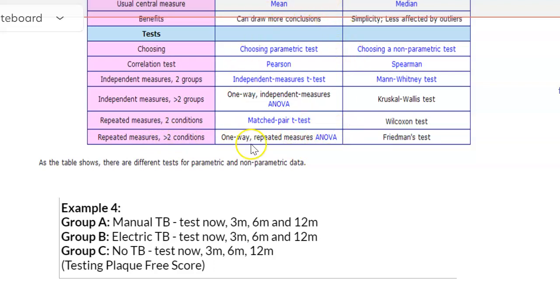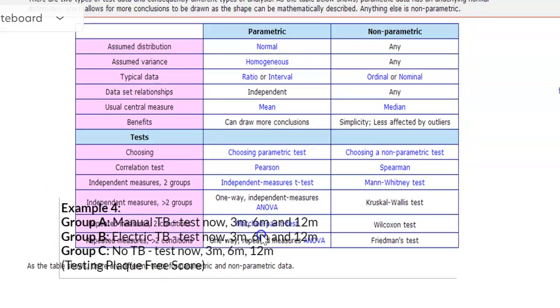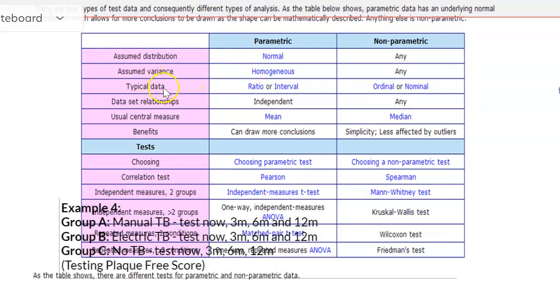The reason why it falls in the parametric category is because plaque score is considered numerical. It's quantitative data. If we look at this chart over here, the type of data is quantitative. So ratio or interval, when you think of that, think of numbers. Plaque score is recorded in numbers. That's why it falls under this column.